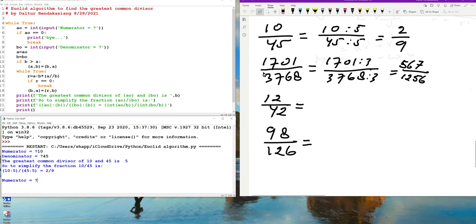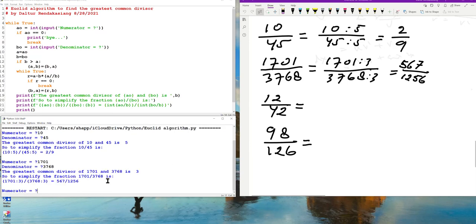Also, numerator 1701 and denominator 3768, and the greatest common divisor is 3.